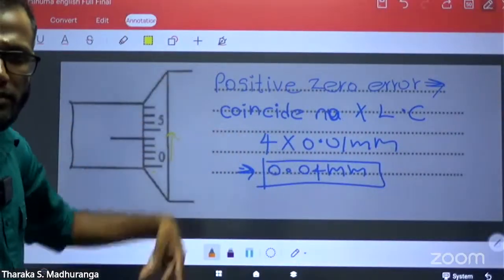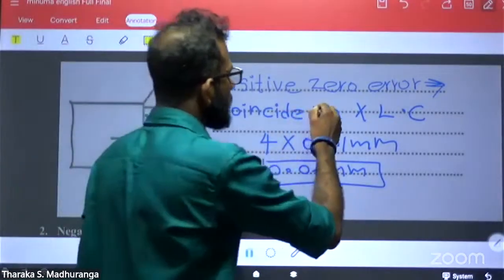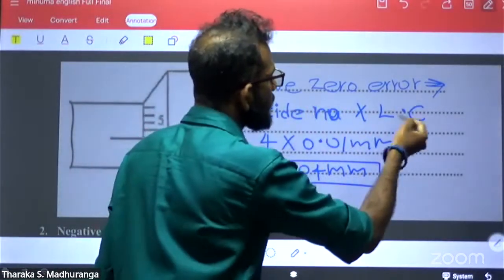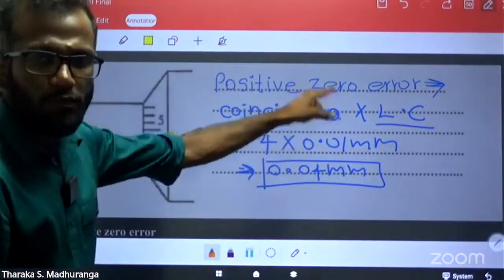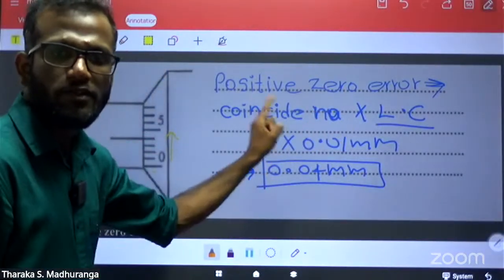Note down: coincide number of parts multiplied by least count, 4 into 0.01 millimeter, the value is 0.04 millimeter.